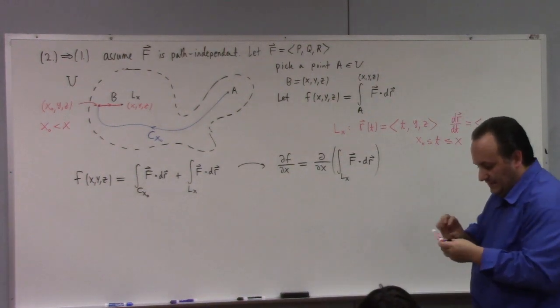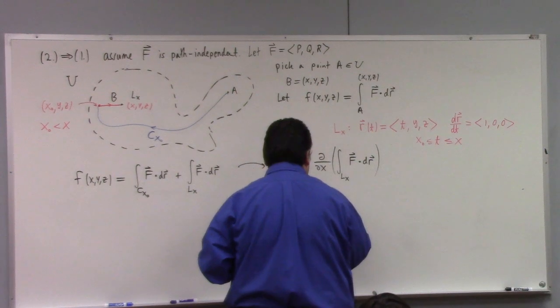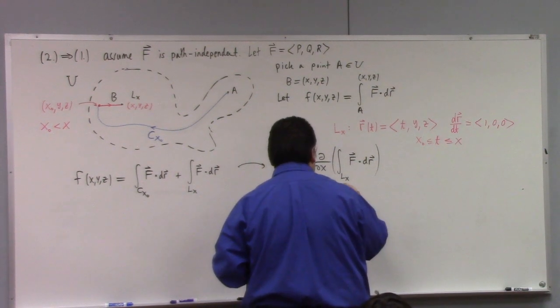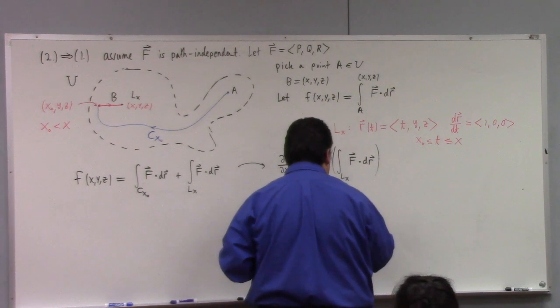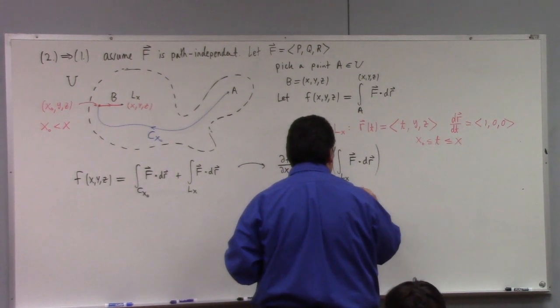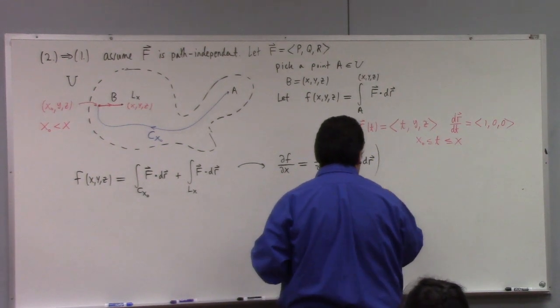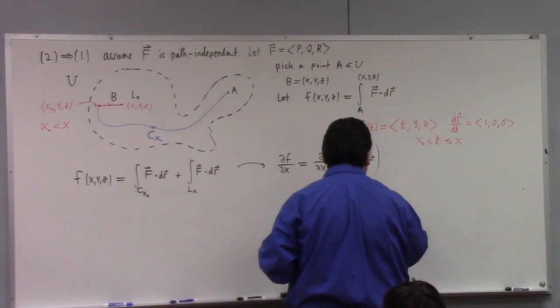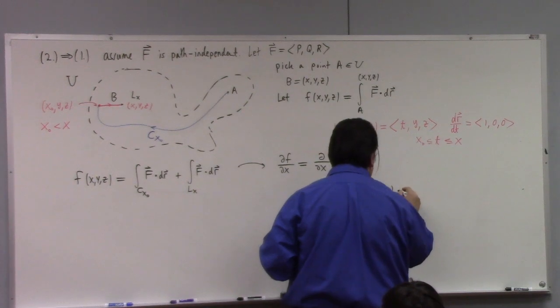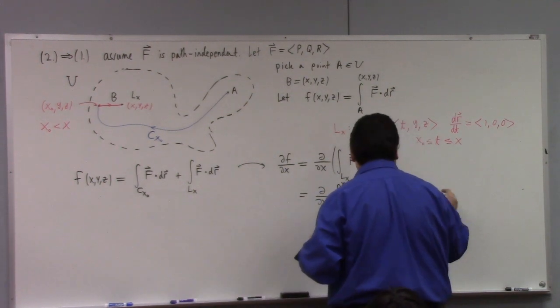So explicitly then, this is partial x of the integral from x naught to x of f of t comma y comma z dotted with 1, 0, 0 dt.